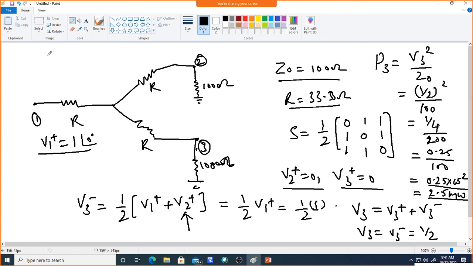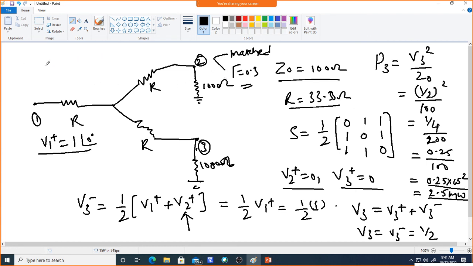Similarly you can find it at port 2. Port 2 has two cases: when it is matched, and when it is unmatched with a gamma value of 0.3. We need to find both cases. Now if port 3 is matched and gamma is 0.3, that is port 2 is unmatched, what is the value?